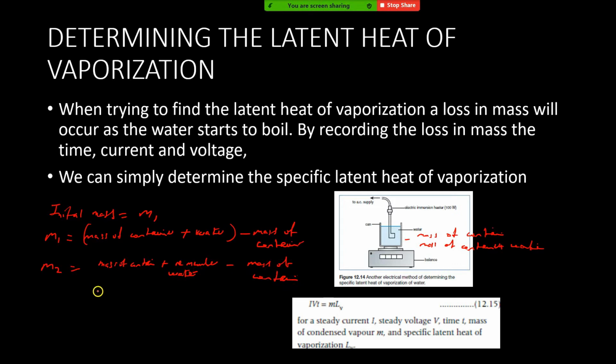So that's how you would find M2. So we're literally taking a change in mass in order for us to be able to find the overall specific latent heat of vaporization.